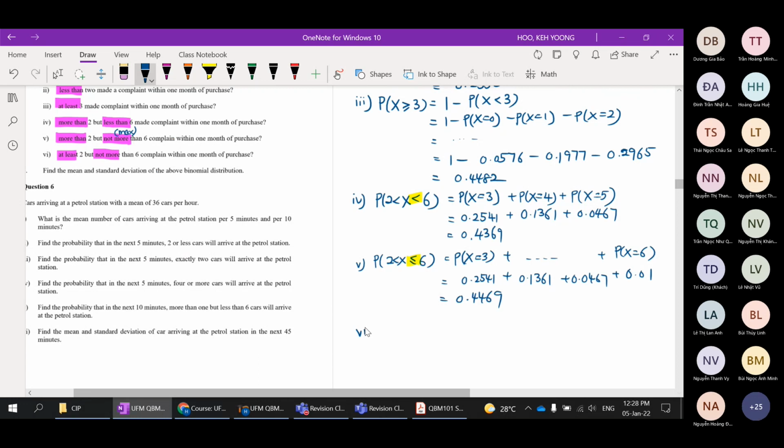So you have the equal sign on both sides, right? So you add up 2, 3, 4, 5 until 6.